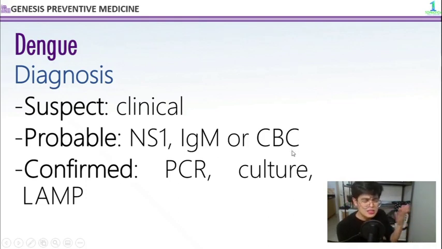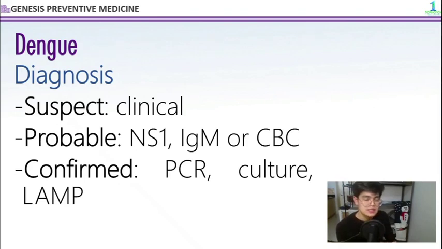In particular, a CBC result indicative of dengue means there is leukopenia, a progressive decrease in the total white blood cell count. There's a trend of progressive decrease in the WBC.